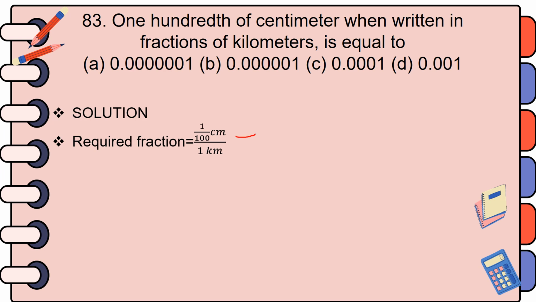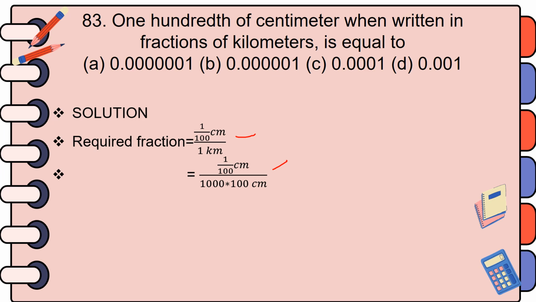To get the answer for this question, first convert kilometer into centimeters. How many centimeters is 1 kilometer? It is 100,000 centimeters. So you can rewrite it this way: 1 over 100 centimeter over 100,000 centimeters.